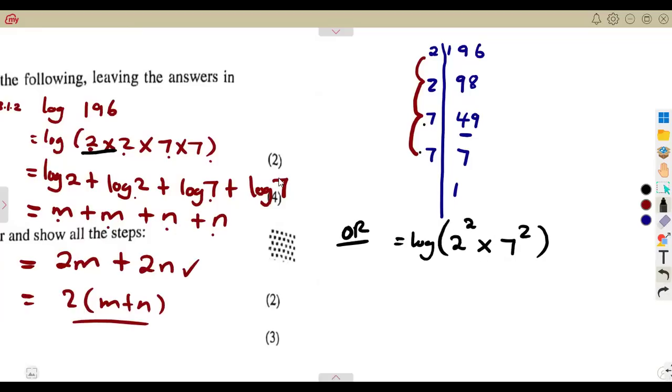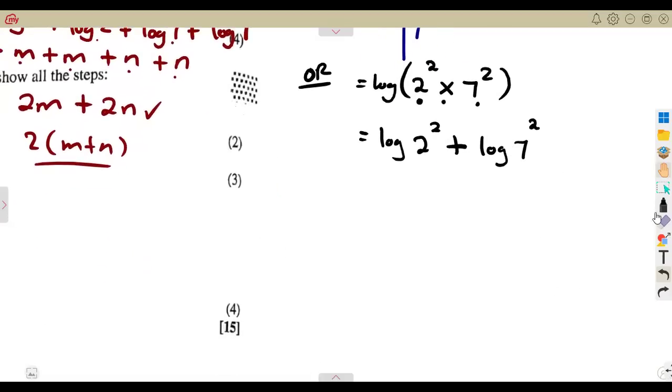Remember, it's a product, so we are going to add. That is the logarithm of 2 to the power of 2, plus the logarithm of 7 to the power of 2. There we have got exponents.